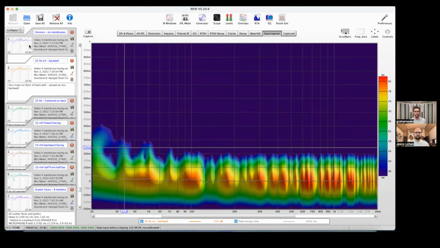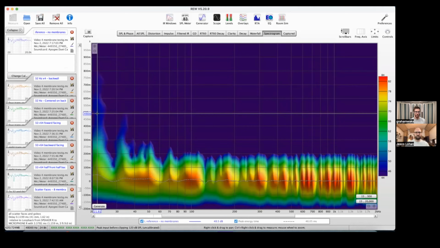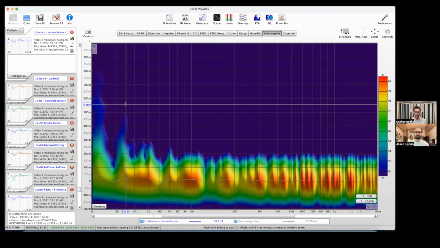So we jump through here. A lot of this change is actually occurring all the way down to 21 hertz, just getting rid of some of that room rumble that would otherwise be occurring. And this shows us one of the advantages of working with a membrane resonance trap, because they're typically more broadband than, for example, a Helmholtz resonator, which is really, really narrow band.